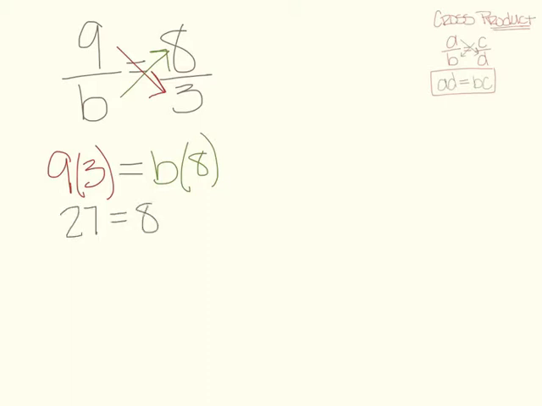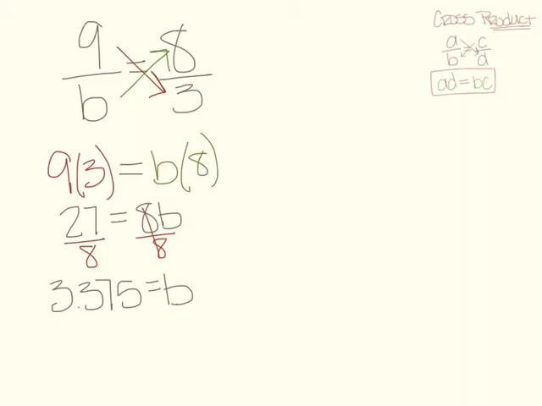B times 8 is 8B. Divide both sides by the coefficient of the variable. 27 divided by 8 is 3.375.